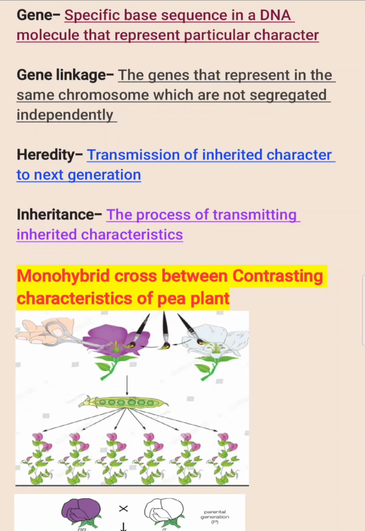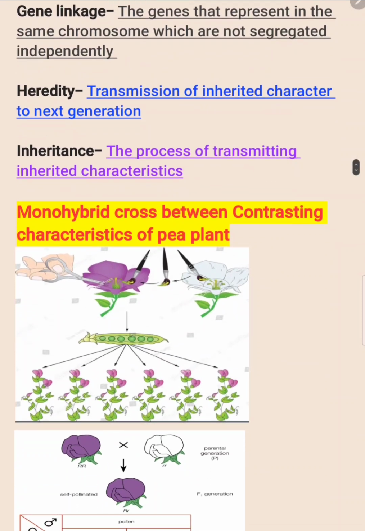That means the 46 is divided into 2, so sperms get 23 chromosomes. These chromosomes are divided equally to each sperm cell. But some genes are not segregated equally. That is called gene linkage.